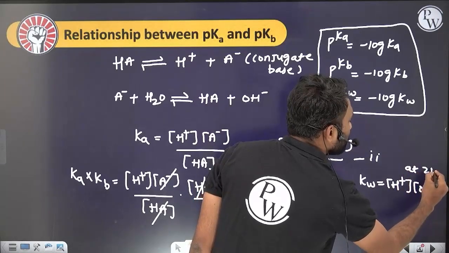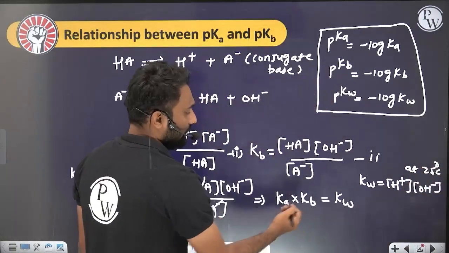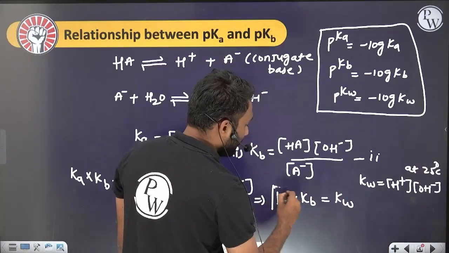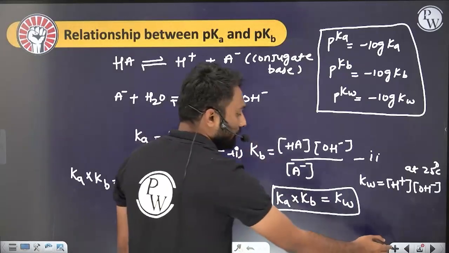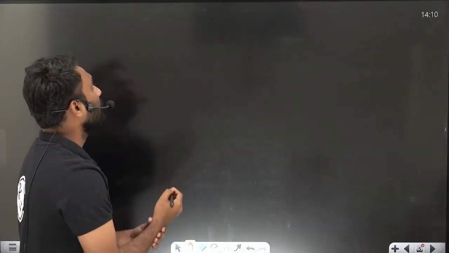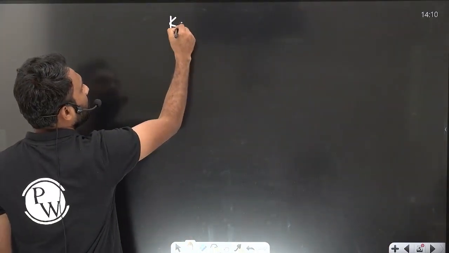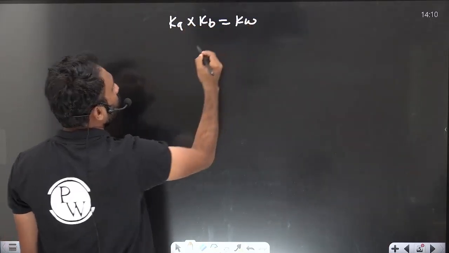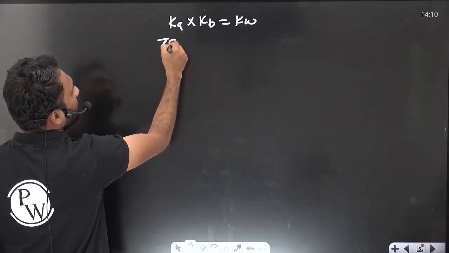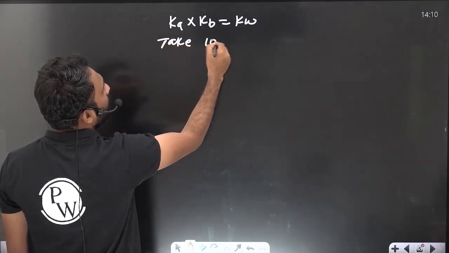Okay, next, we have Ka into Kb is equal to Kw. Now take log on both sides.